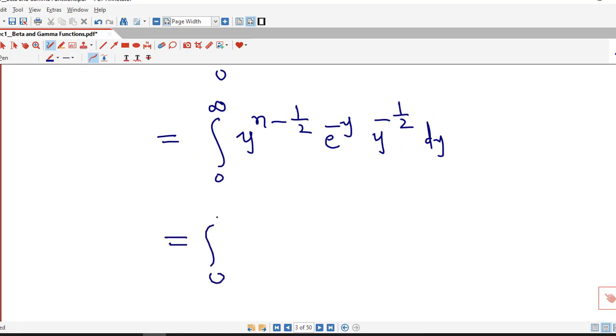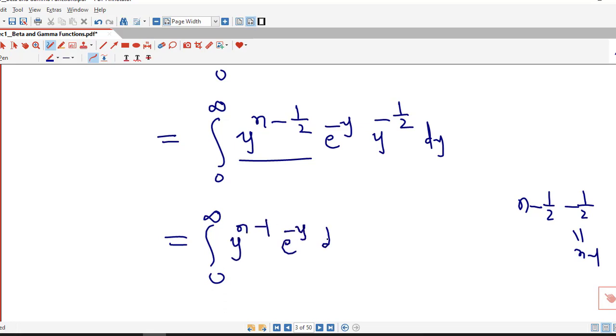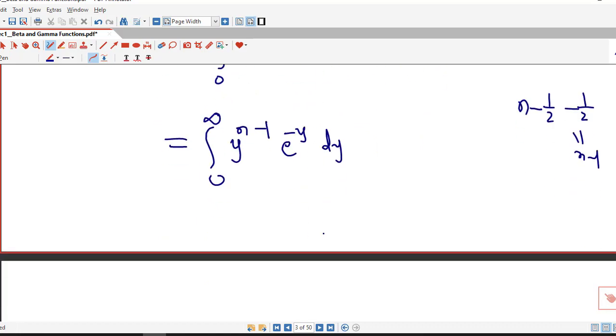If we combine the powers of y, n minus 1/2 minus 1/2, that becomes n minus 1. So we have y raised to n minus 1 into e raised to minus y dy, and this y is a dummy variable, so either we write x or y, it does not matter. So we replace y by x and we obtain this.